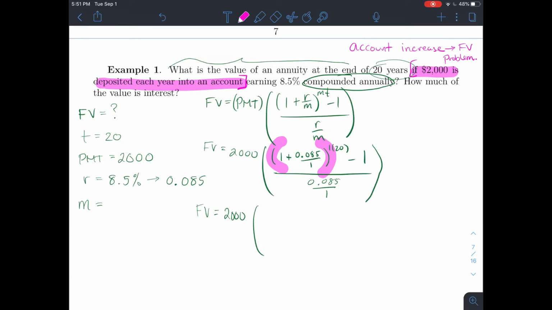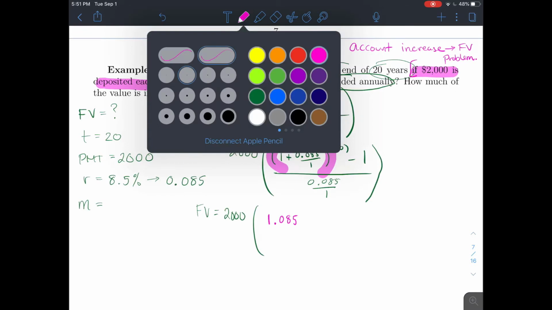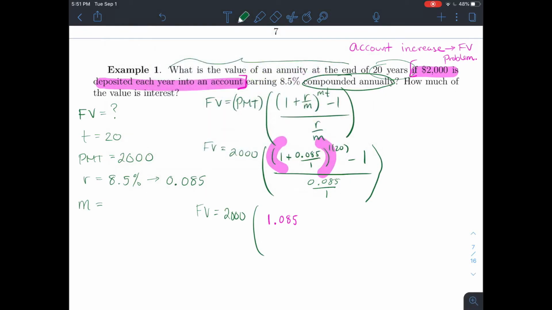Or if you already saw that without the calculator, you could just put that as 1.085. And that's going to be raised to the 20 times 1, and we can just say, that's 20. Minus 1, all over 0.085, right? 0.085 divided by 1 is itself.